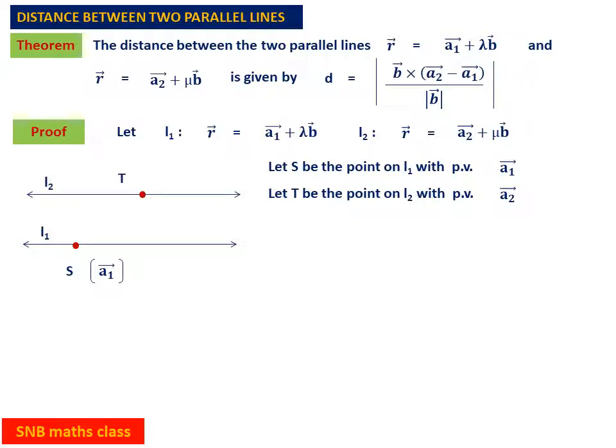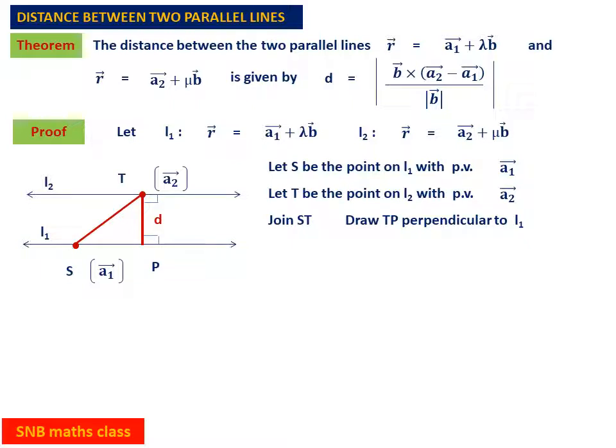Now join ST. Now draw TP perpendicular to L1. So TP is perpendicular to L1, and let us say the distance TP is D, because that is the symbol we are using.